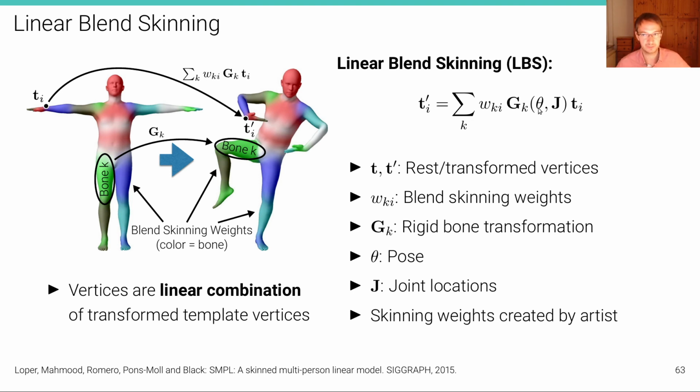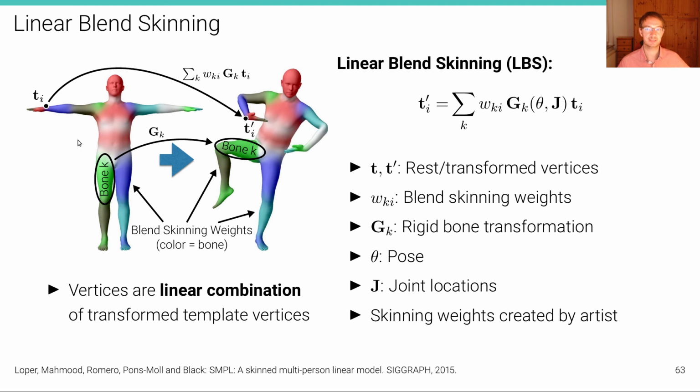But in particular, we depend on theta because if you think about this as a kinematic tree, if I change this joint here, the elbow, then of course the corresponding child part or child bone transformation is also affected by this change of the joint in the kinematic tree. So this is how linear blend skinning works.